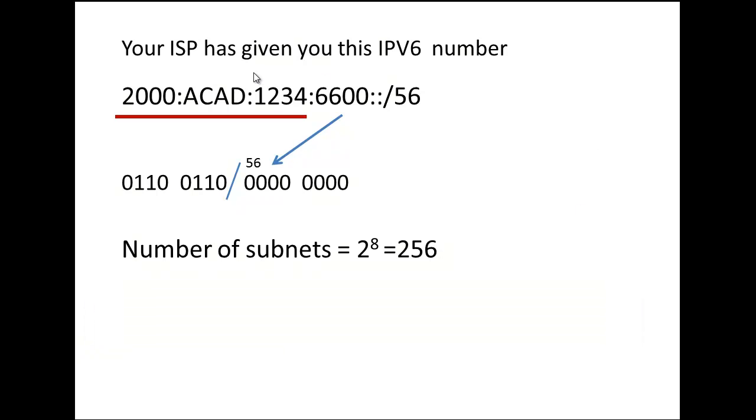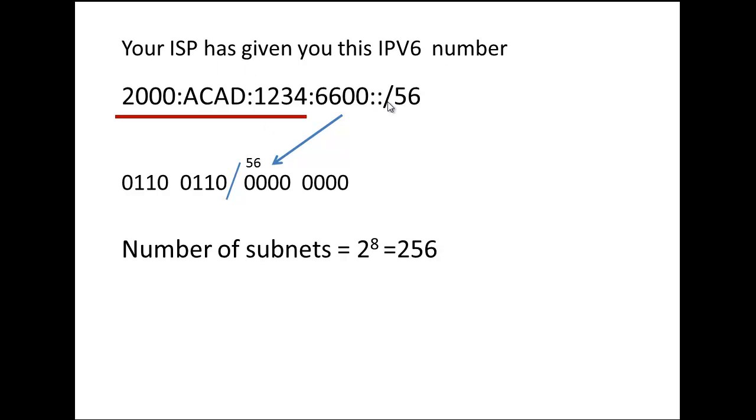Let's say that your ISP has given you this IPv6 number, but you have a /56. Remember we said that the first three fields would be the network part, and that is 48.